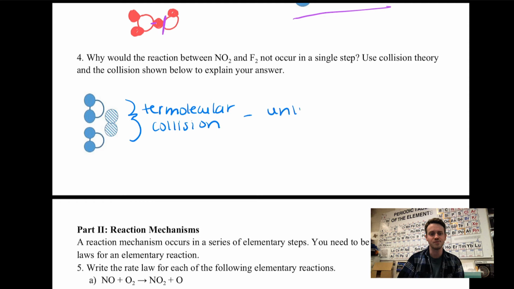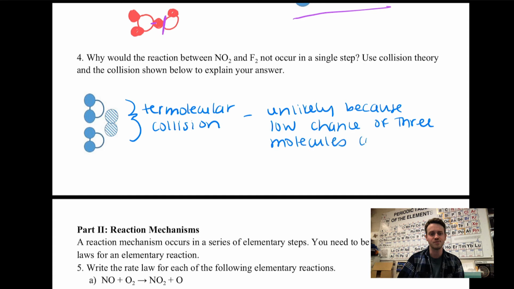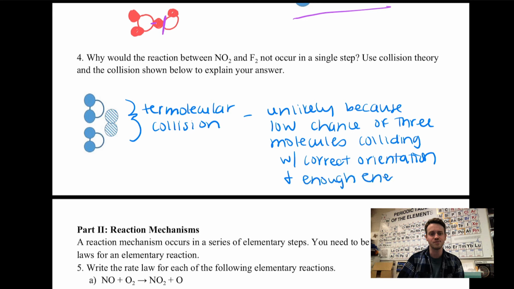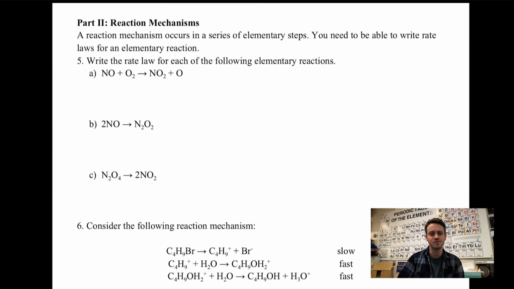Remember that this is unlikely or rare, because the chance of three molecules colliding with correct orientation and enough energy to overcome the activation energy is just highly unlikely, right? That's a very low probability or a low chance. And so that's why we would not see this happen in one step, because 2 NO2 molecules are not going to collide with an F2 molecule at the right time with the correct orientation, like it's illustrated there. So that all has to kind of happen for that to work out.